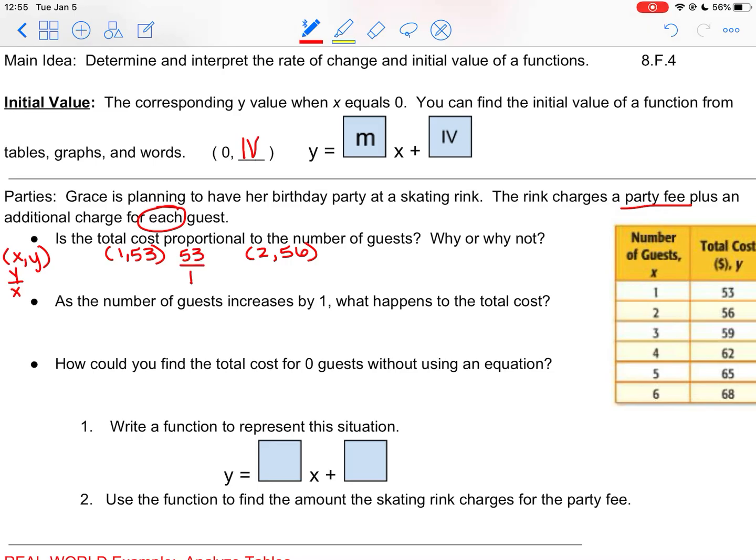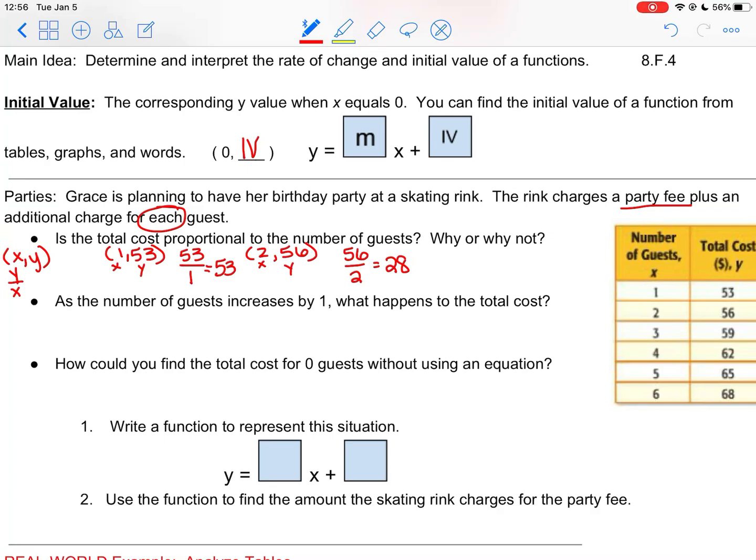To find the ratio, I take the y value and divide it by the x value. In this first ordered pair, I do 53 divided by 1, and so the ratio of the first ordered pair is 53. Now let's check if the second ordered pair has the same ratio. Y divided by x is 56 divided by 2, and that's going to give me 28.